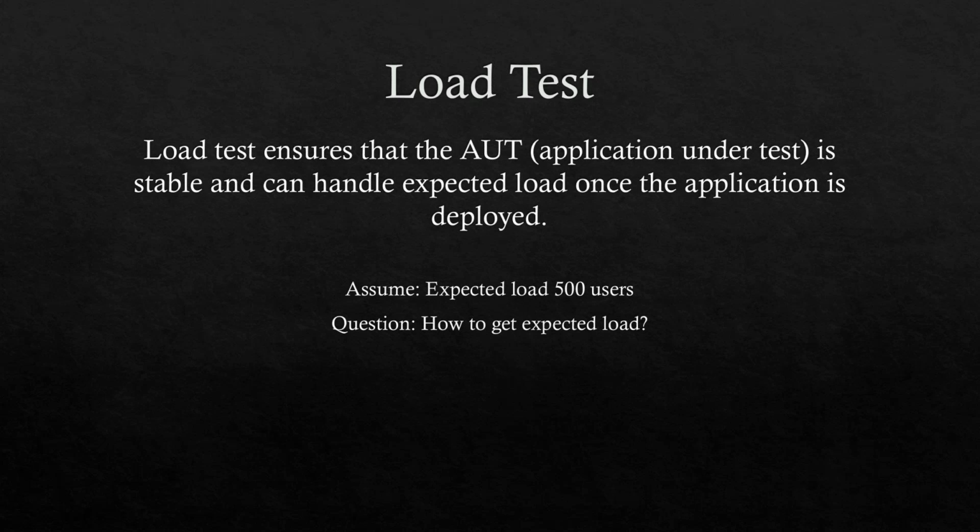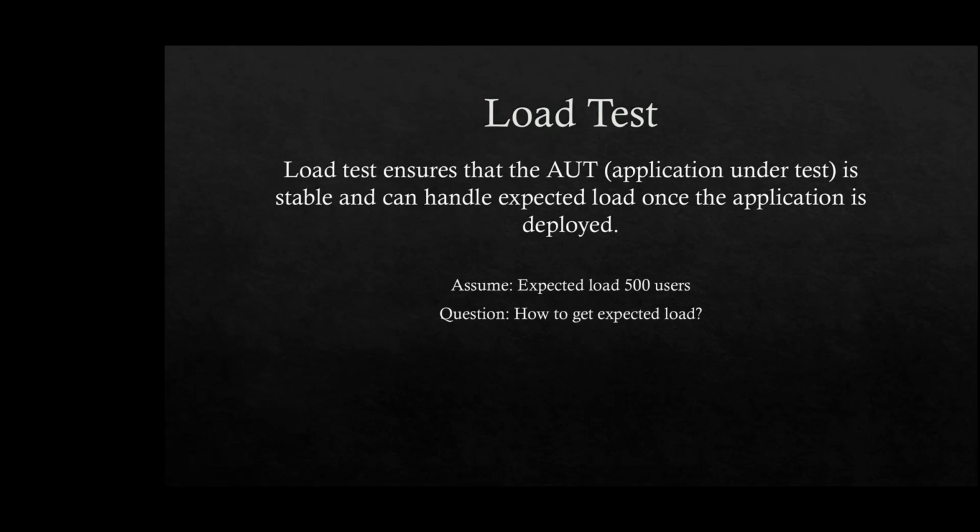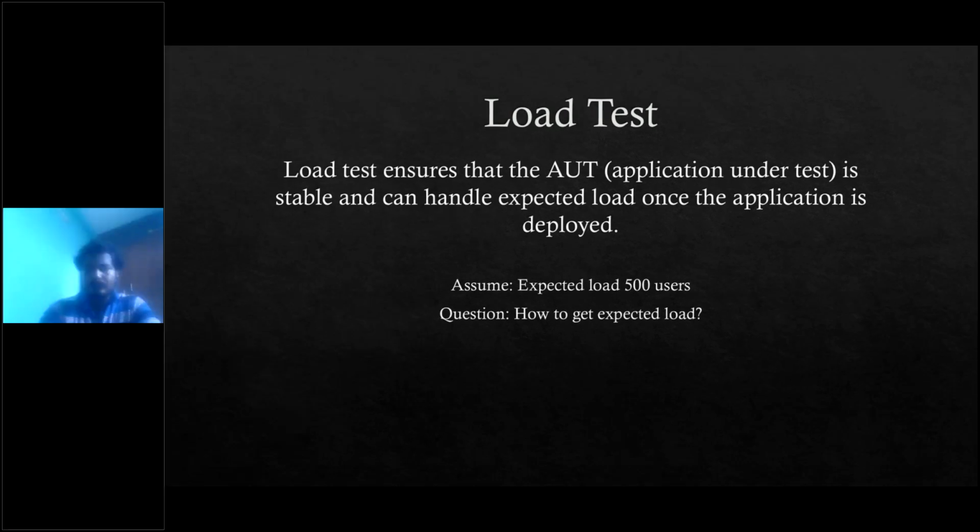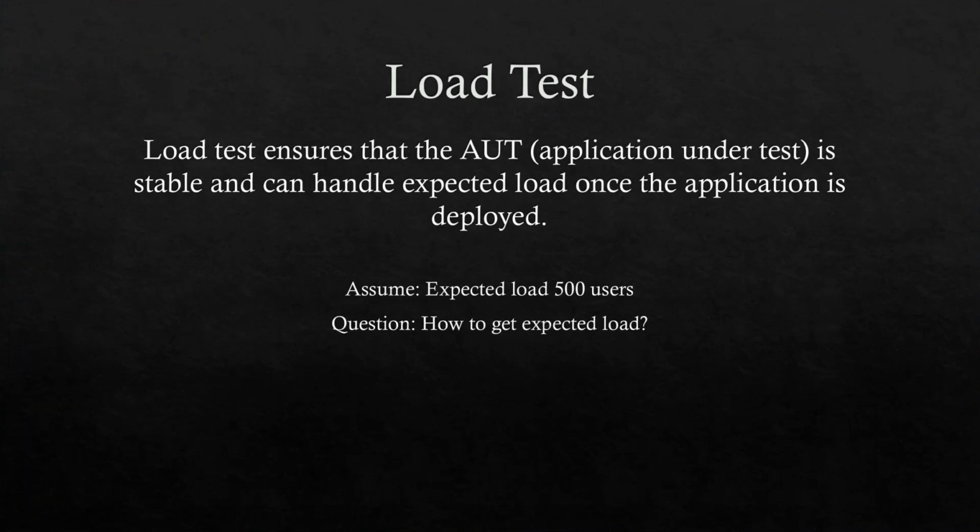All 1 lakh customers will not log into the application at a time, so there is no point in testing for 1 lakh users. We need the number of simultaneous users they will get in the system. Based on the peak hours, for example, 8 o'clock in the morning is a peak hour for them, and the expected load would be 500. Based on that analysis, they come up with this number of users.